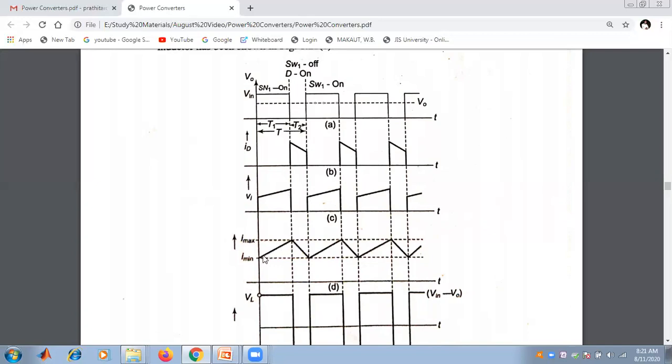And this is the output current. When the switch is on, the output current goes from a minimum value to the maximum value.